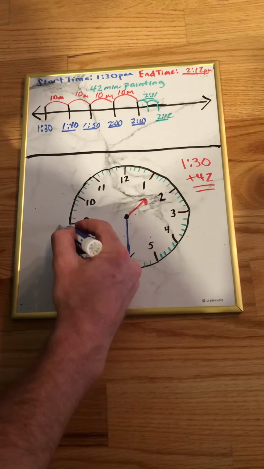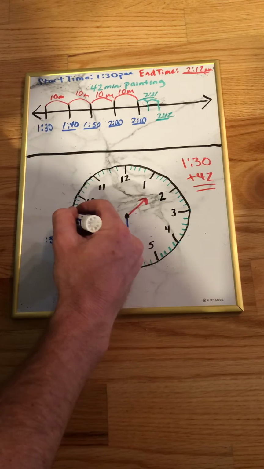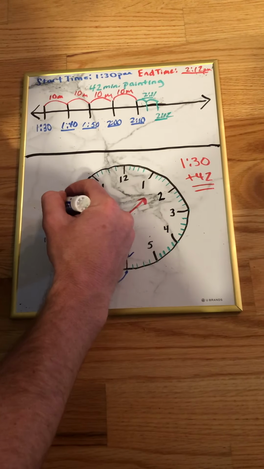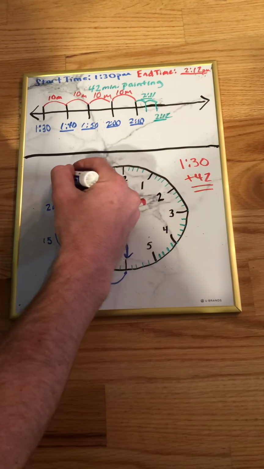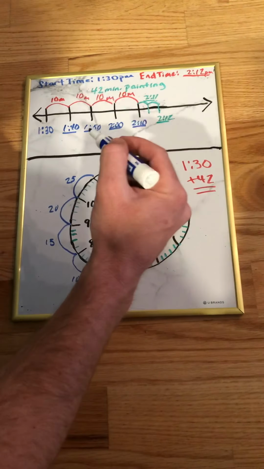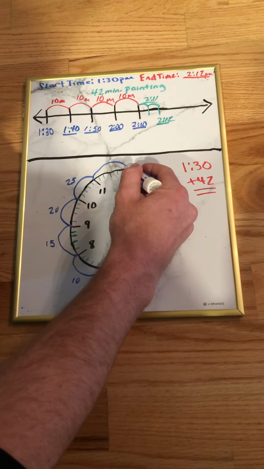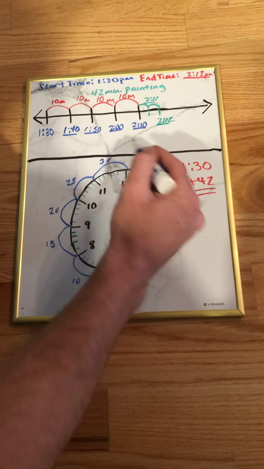From the 8 to the 9. 15 minutes. From the 9 to the 10. 20 minutes. From the 10 to the 11. 25 minutes. From the 11 to the, wait a second, when you get to the 12, it's 30 minutes.